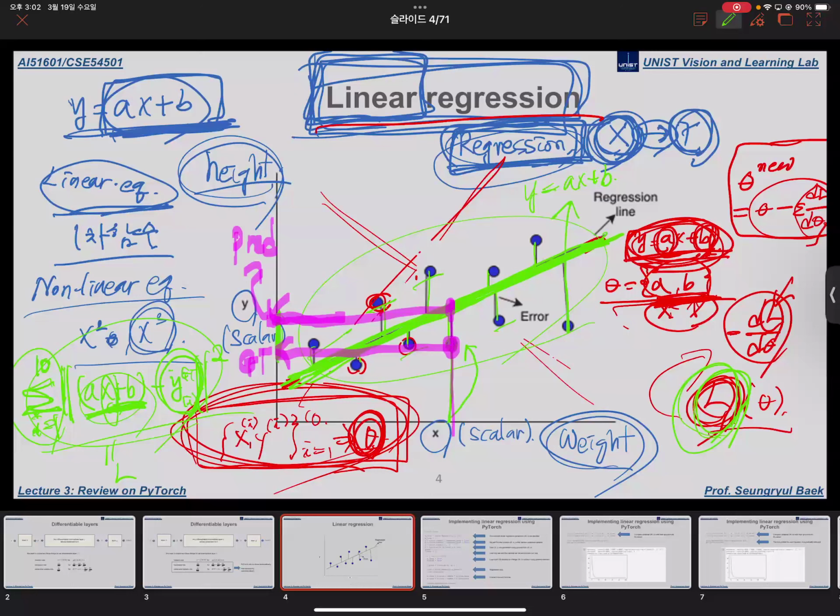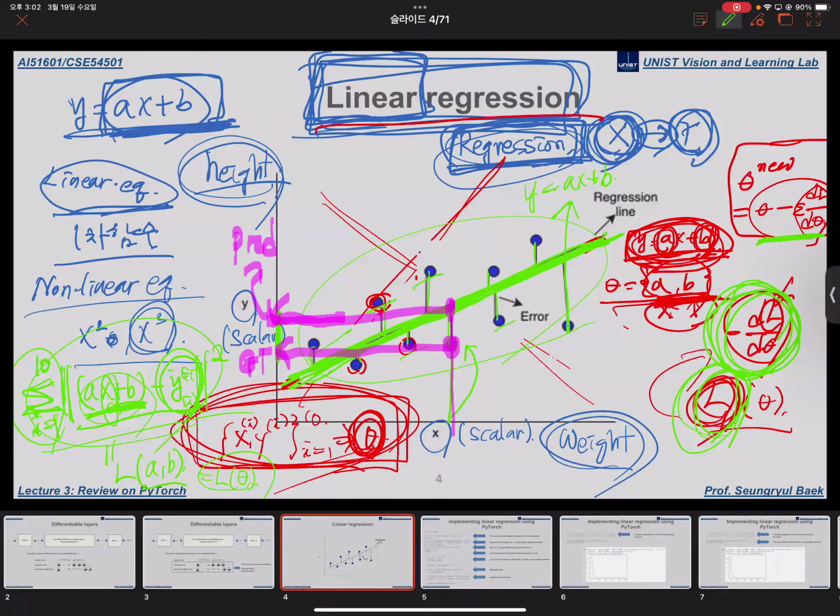Okay, and then, as you already know, this is a function of A and B, which is actually the function of the parameter vector, okay? And then we can differentiate it with respect to the parameter vector to calculate this dL/dvector. And using that, we can continuously update our parameter vector, which is actually A and B. Okay, are you guys following this?